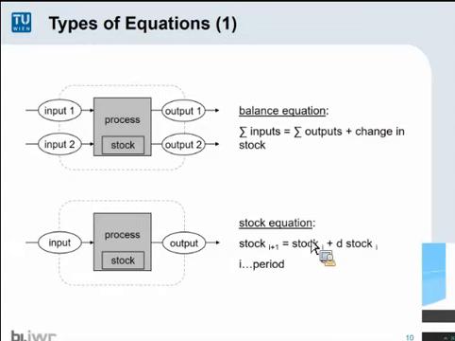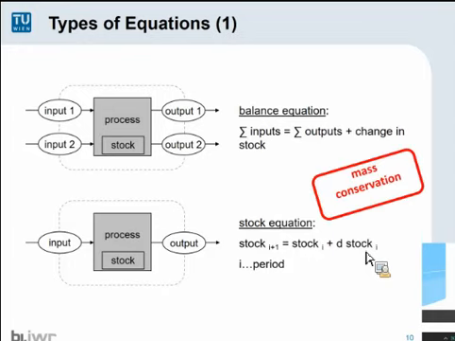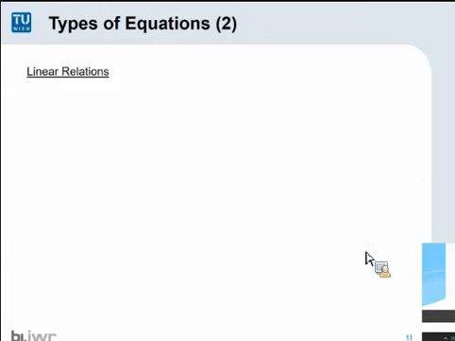So the amount of material inside of your stock at a certain period is the amount of material inside of this stock in the previous period plus the change of stock in the previous period. Most important part here, mass conservation. So materials cannot appear or disappear. This is really, really important.